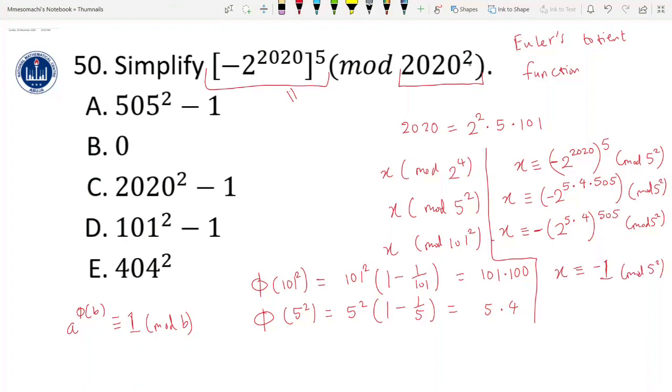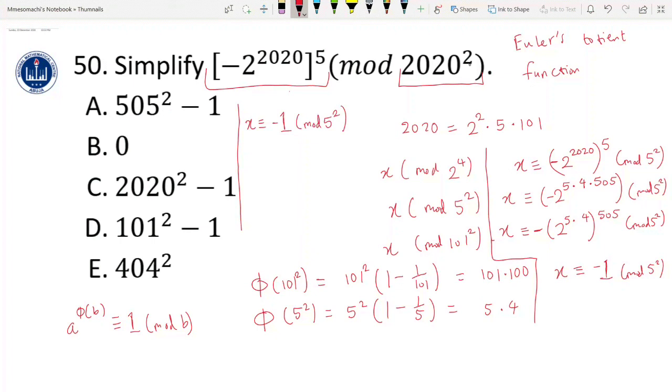I'll just keep that somewhere in the center here. So x is congruent to negative 1 mod 5 squared.